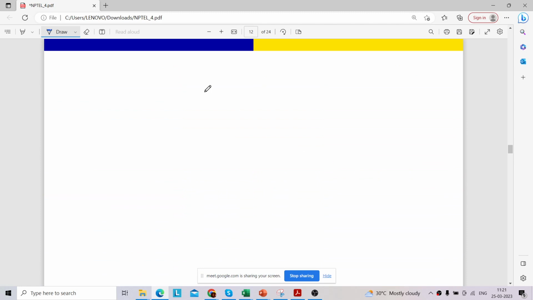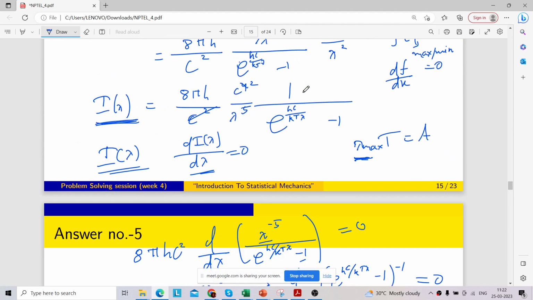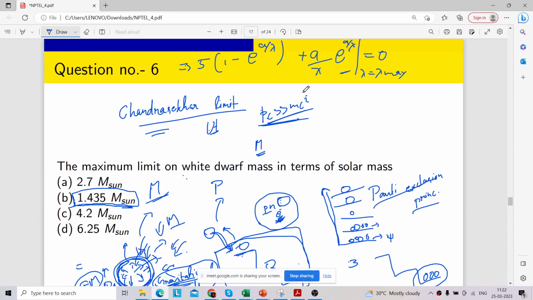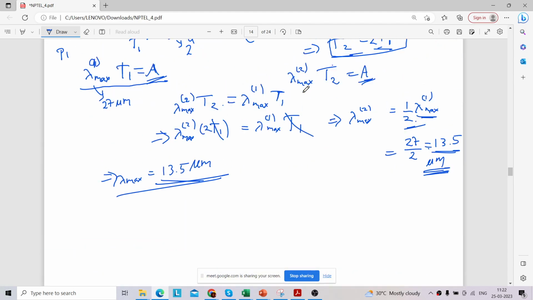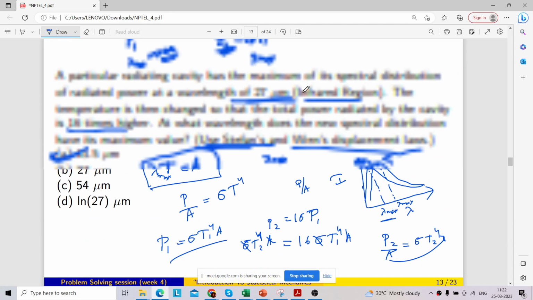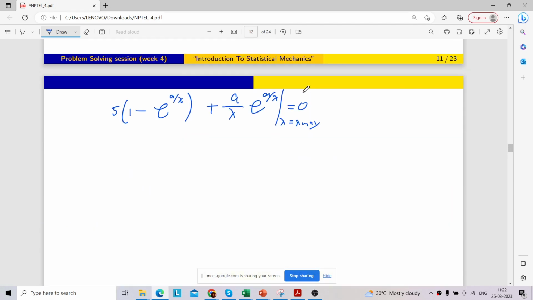Okay, so effectively I am getting 5 times 1 minus e to the power a over lambda times a over lambda e to the power a over lambda equal to 0 at lambda equal to lambda max, right? Okay, this I have to solve.